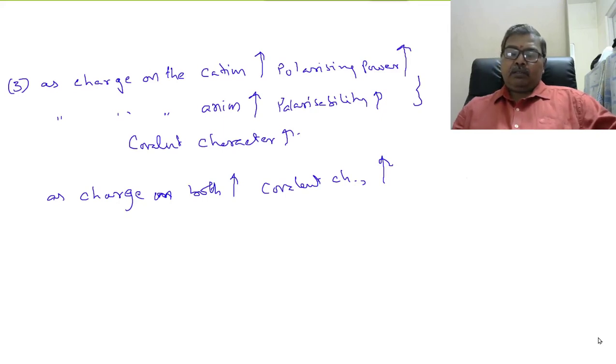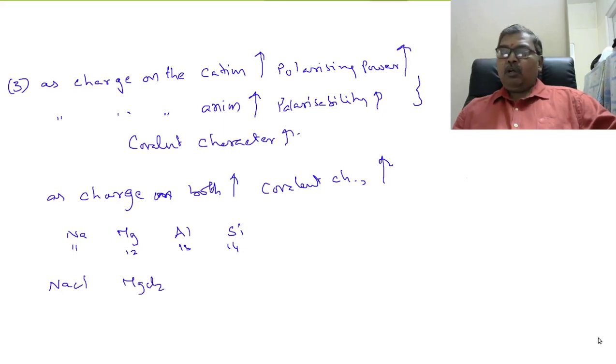See, for example, sodium, magnesium, aluminium, silicon, all these are present in the same period. Atomic number 11, atomic number 12, atomic number 13, atomic number 14. Now, chlorides: sodium chloride, magnesium chloride, MgCl2, aluminium chloride, AlCl3, silicon chloride, SiCl4.